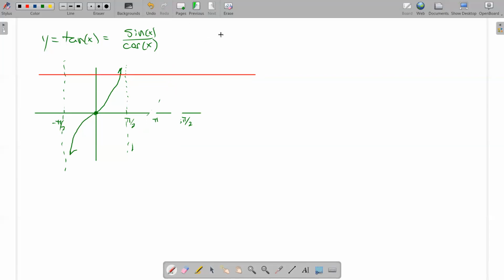So if I just consider the tangent from negative pi over 2 to pi over 2, then I have a 1 to 1 function. So then now if I want to talk about the inverse of the tangent, the arc tangent, what do I know about it?